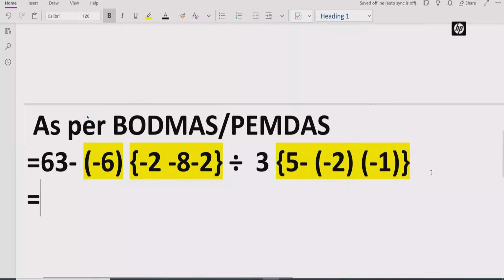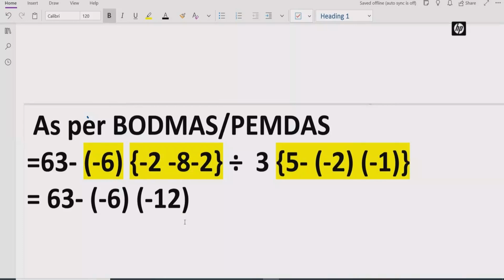We will write 63 minus, and after that -6, and solve this part. If you solve these two brackets, you get -2 -10 -8 equals -10, and -2 equals -12. So the answer of this is -12, and divided by 3 we write as it is.